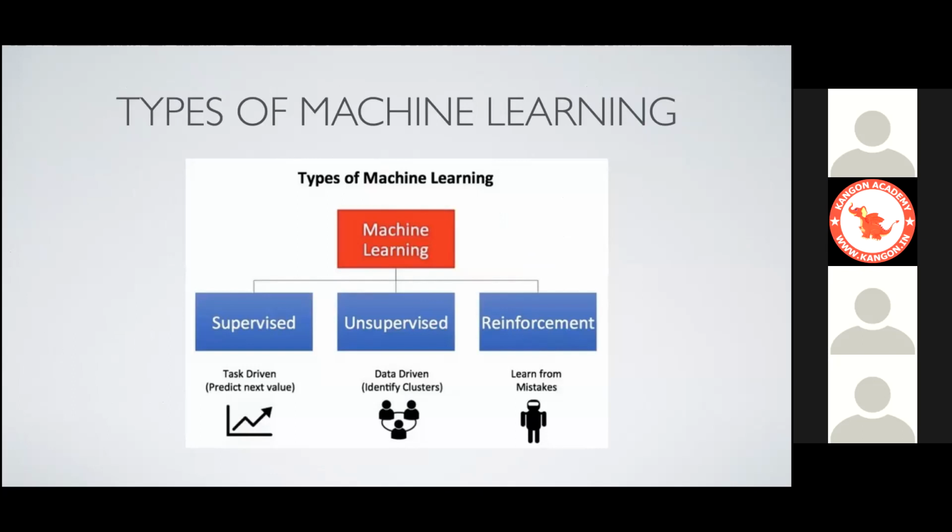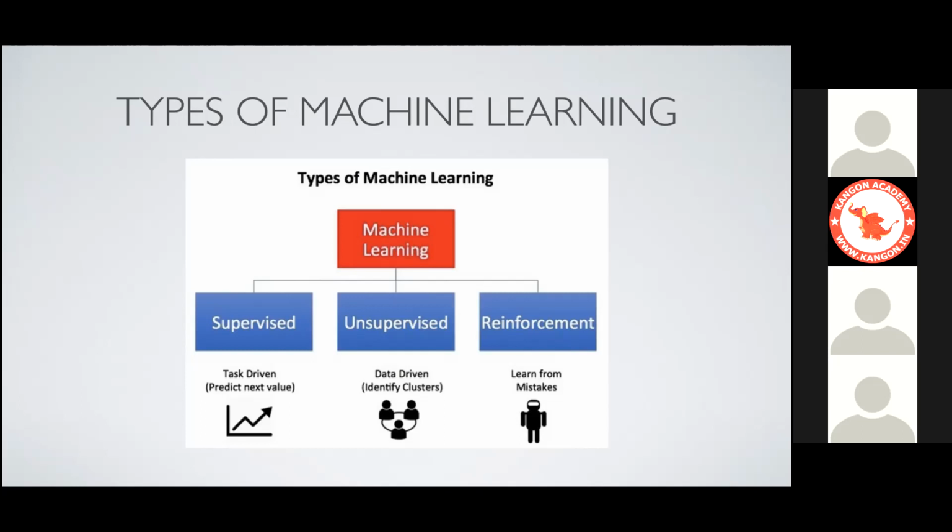What are the insights, what is the knowledge that we can derive from the data is unsupervised learning. Third one is reinforcement learning. In reinforcement learning, we give the data to the machine and the machine tries to learn on its own and it starts making mistakes. And the machine actually learns from that mistake.